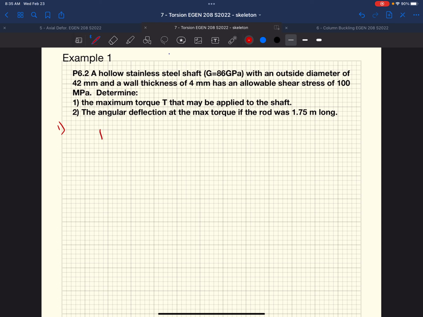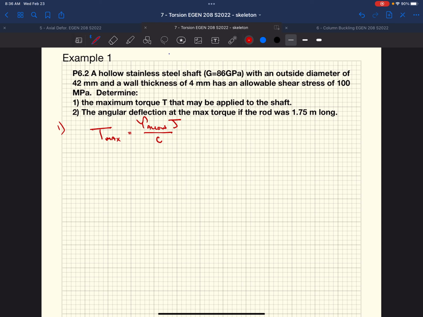So we've got this maximum torque would be tau allowable times our polar moment of inertia over our maximum radius. That'd be the maximum torque. If we go anything over that, then we're going to go beyond our allowable shear stress. We're going to have greater shear stress. So using our allowable shear stress is going to give us our maximum torque that could be applied.